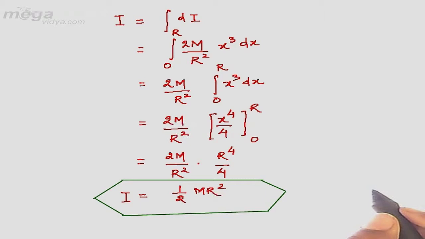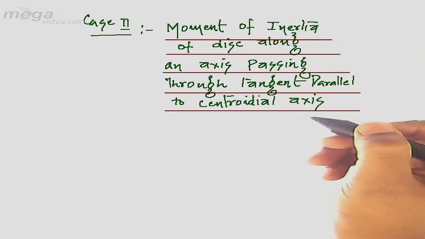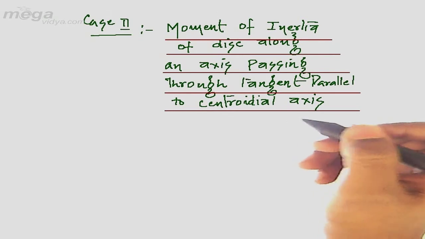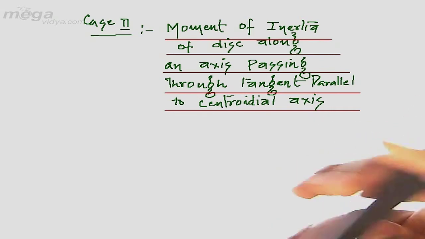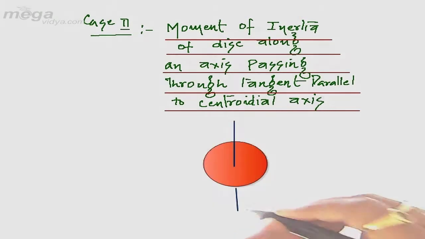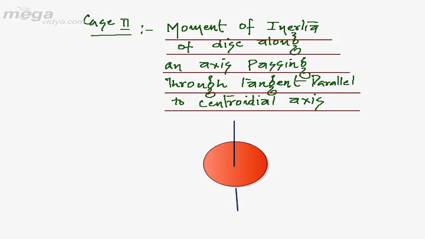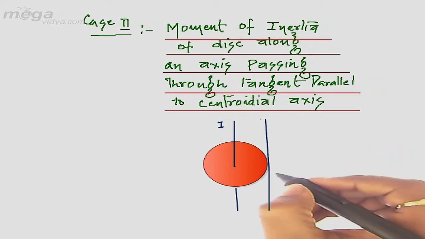Using the perpendicular and parallel axis theorems, we can calculate the moment of inertia of the disk along different axes. Let's take an illustration. We are going to calculate the moment of inertia of a disk along an axis passing through the tangent and parallel to the centroidal axis. Let this be the axis passing through the center of gravity, or center of mass, or the center of the disk, and we have to calculate the moment of inertia along this given axis, which is parallel to the centroidal axis.